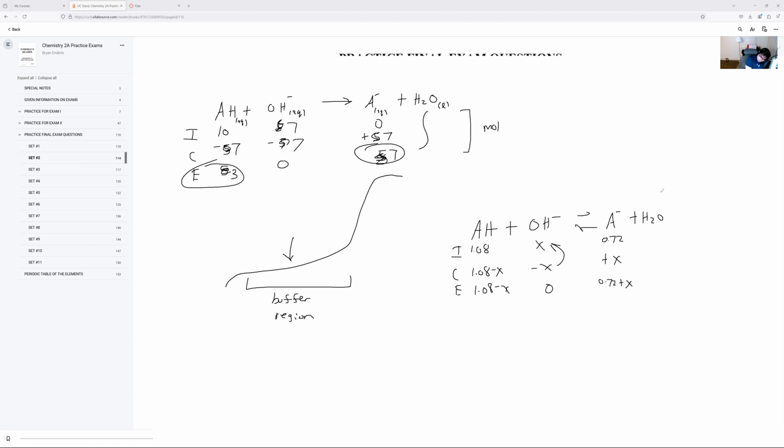Let's see. If X is in molarity, so you have molarity. If you want volume, that means you need the mass. So that means you need the moles.